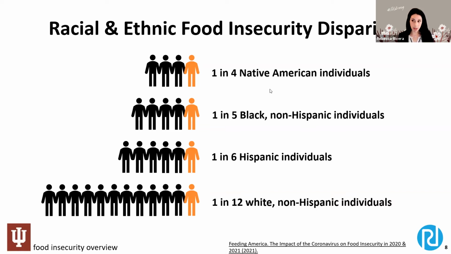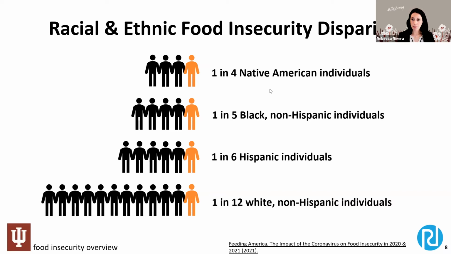There's a lot of stigma around getting food from food pantries or receiving SNAP benefits to acquire food, or even getting food from friends and family. And this isn't really accounted for.